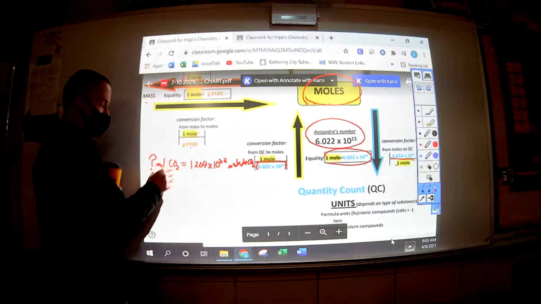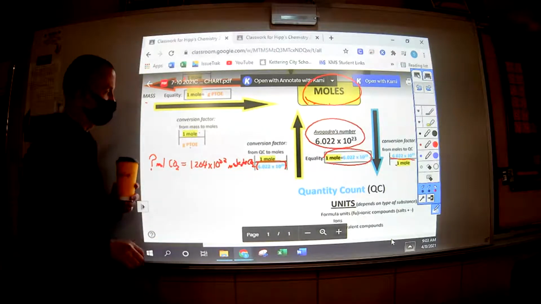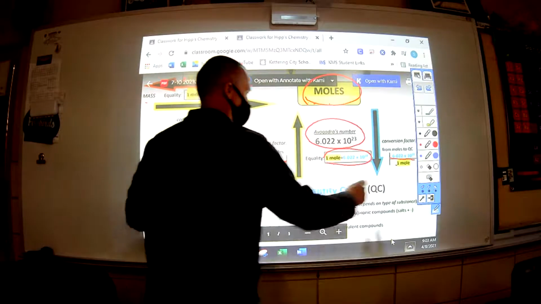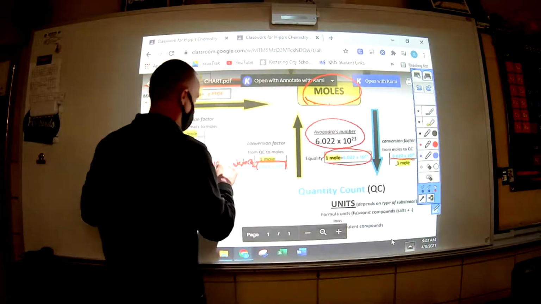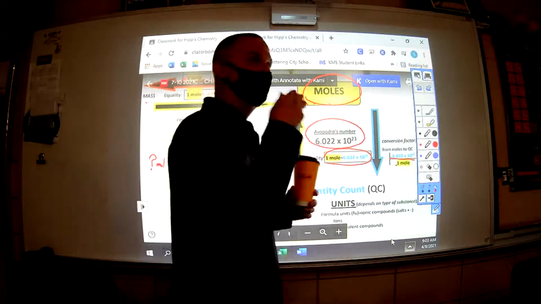If I have 10 to the 24th molecules of CO2, how would we do that?